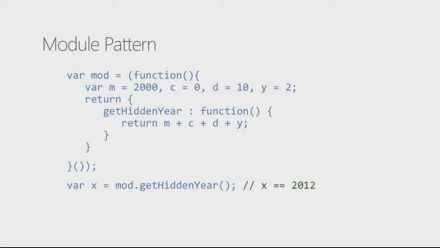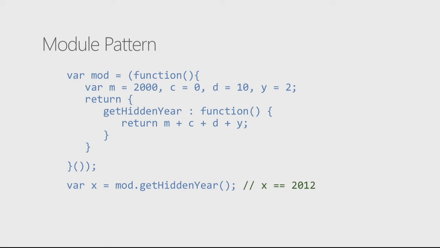One example that's very popular on the web right now is something called the module pattern, which makes use of these immediate functions. So to put it into perspective, var mod, which is the name of our variable, is equal to the result of calling an immediate function. That means that the variables that were declared in there, such as m, c, d, and y, are not in the outer or global scope of the JavaScript working space whatsoever.